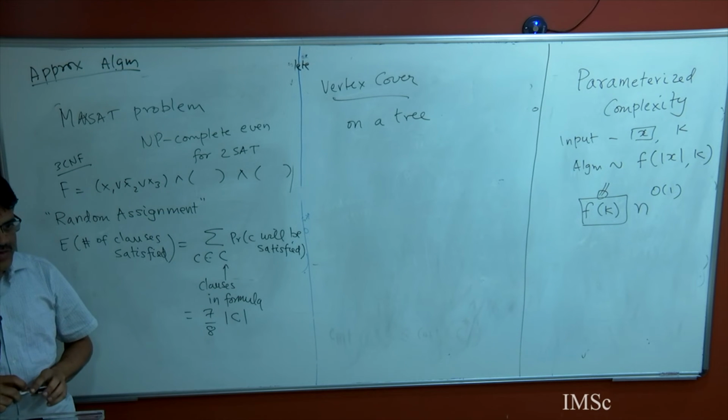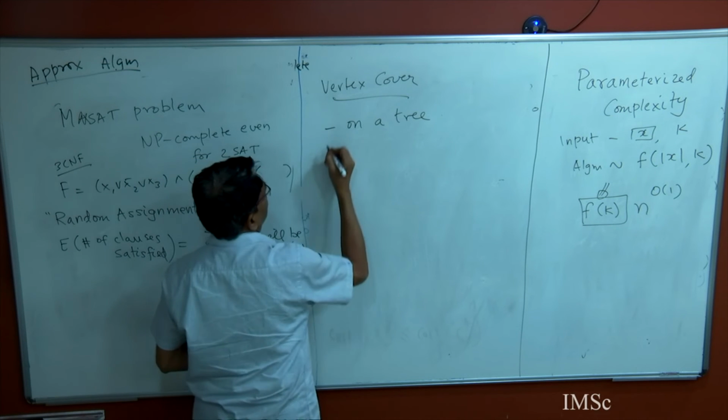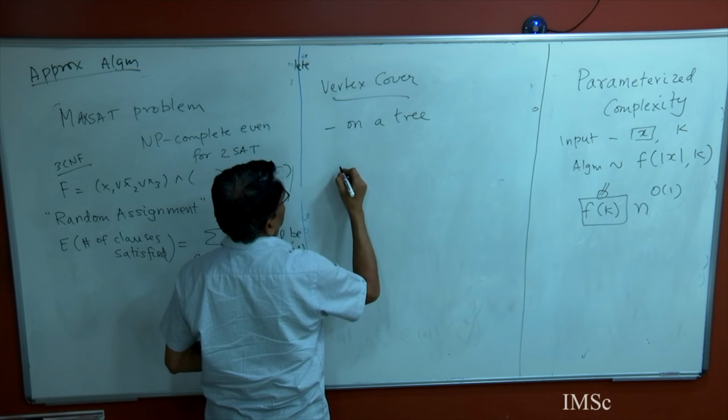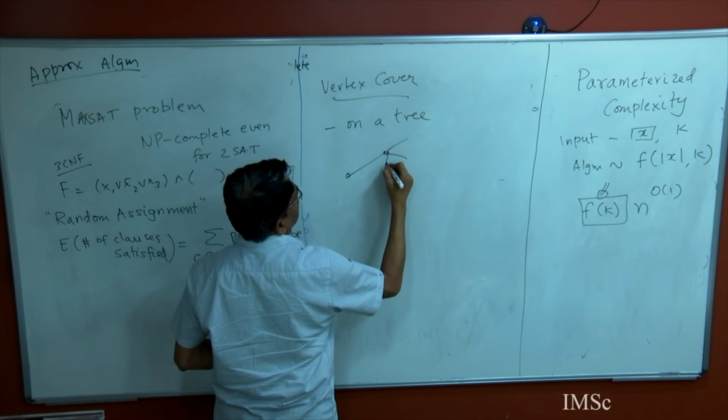Okay. So what did you say? Maximum degree. No. What do you do? Leaves. Okay. Suppose this is my graph.